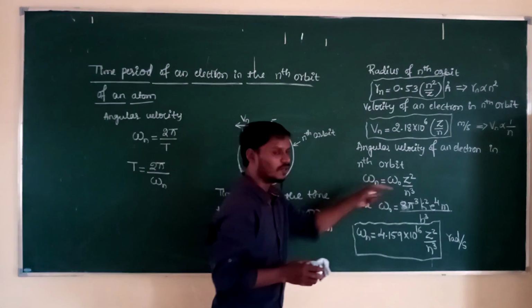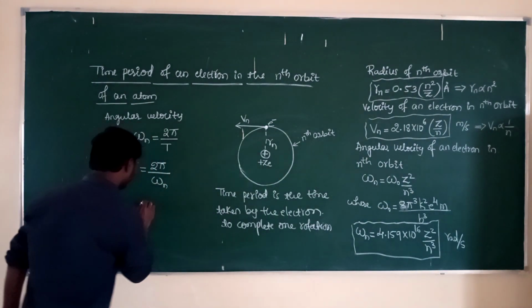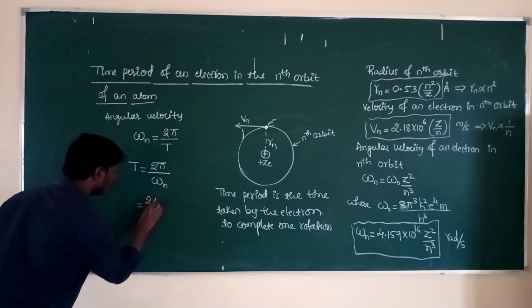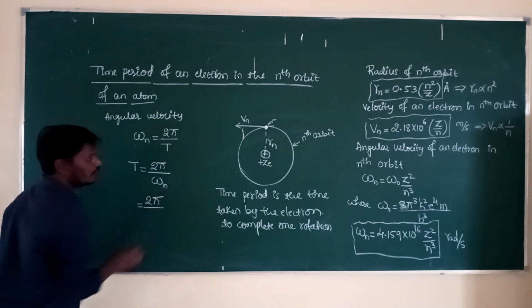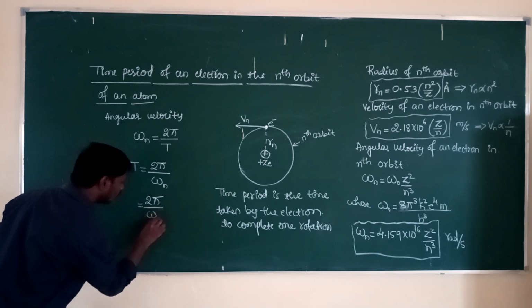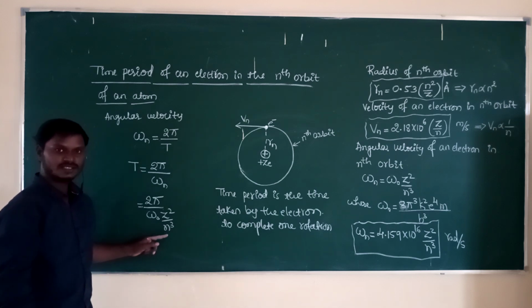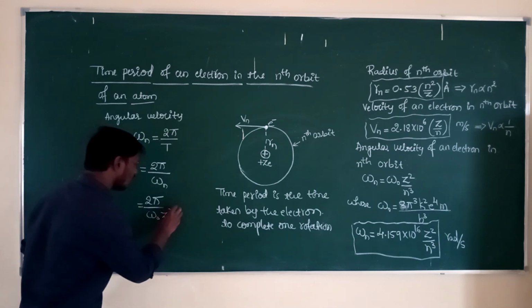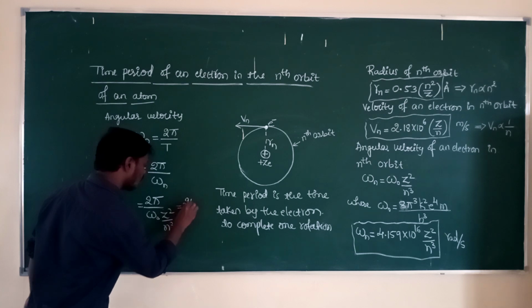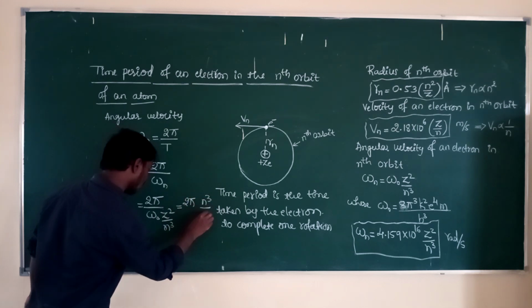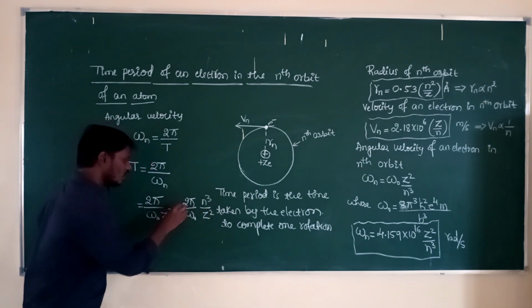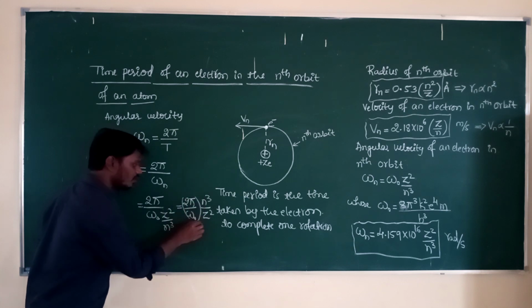By using this formula, 2 pi divided by omega n is nothing but omega naught z square divided by n cube. Here n cube is in the denominator, so that comes to the numerator. I will write this equation as 2 pi n cube divided by z square, and it is 2 pi by omega naught.